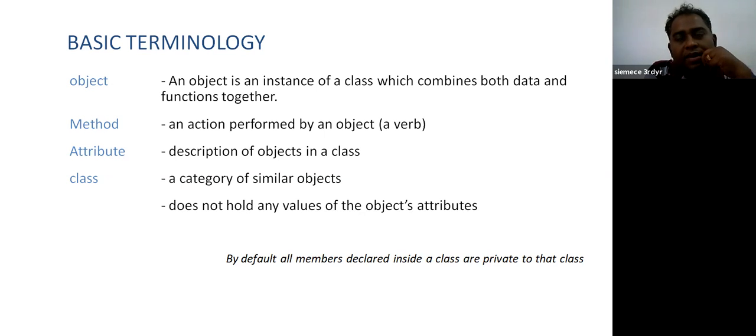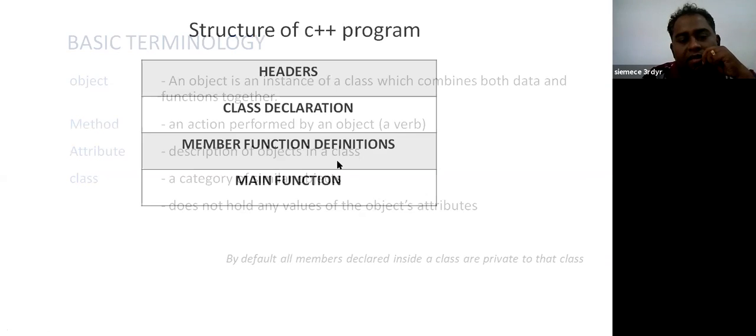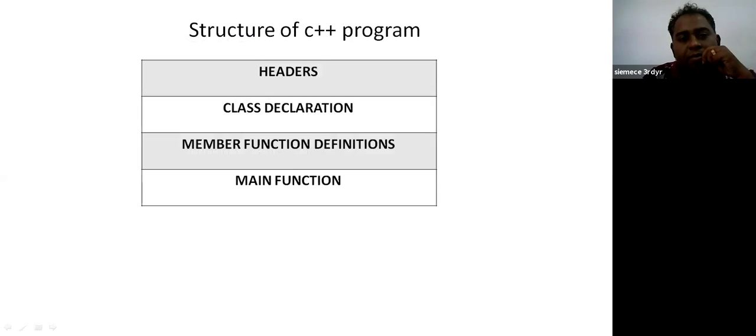Similarly, your method can also be like that. By default, all members declared inside a class are private to that class. Another class cannot access those data members as well as the member functions.